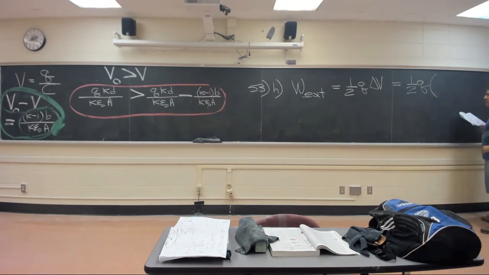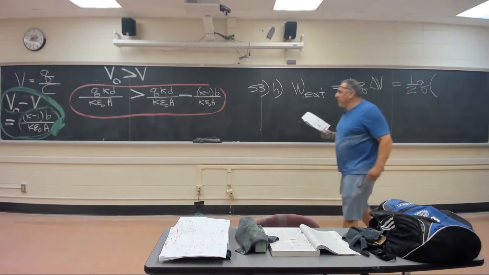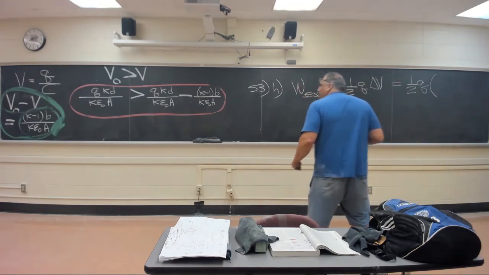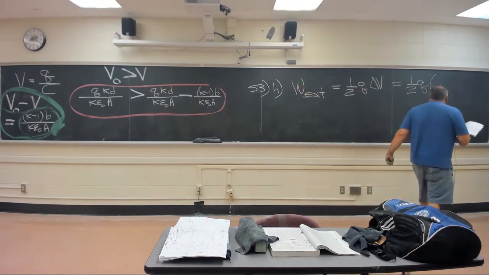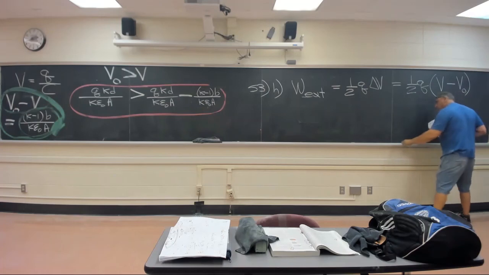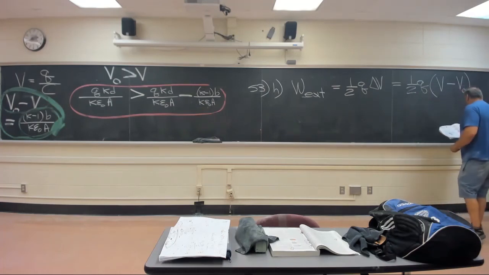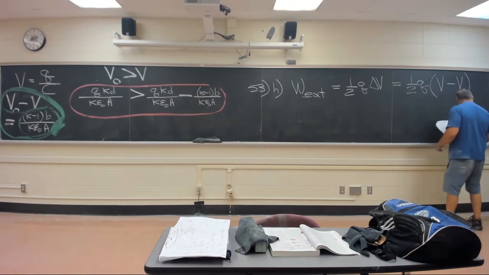The original system, so the final system is V. The initial is V0. There's a lot going on here.